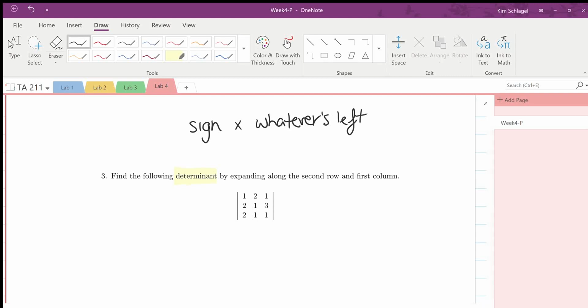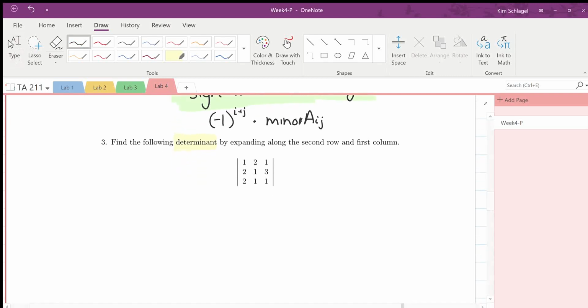Okay, so this is what I use to figure out what the determinant is. Traditionally, we have negative 1 to the i plus j times the minor a_ij. Okay, so I'll explain what this means right now.